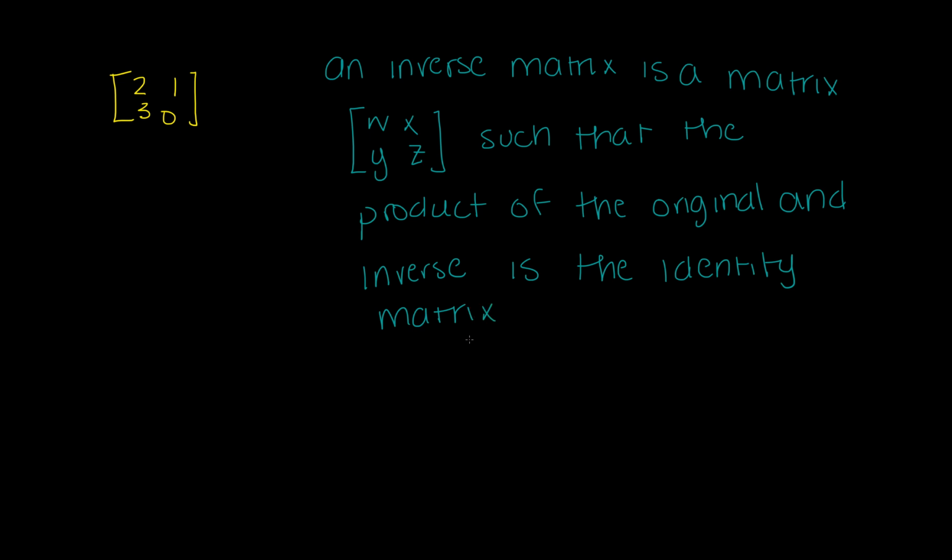And just to pull out what the identity matrix is, what we're looking at is the values 1, 0, 0, 1, in our case because we're looking at a 2 by 2. So in other words, and again, if you need to pause this video to write this down, go ahead and do so.